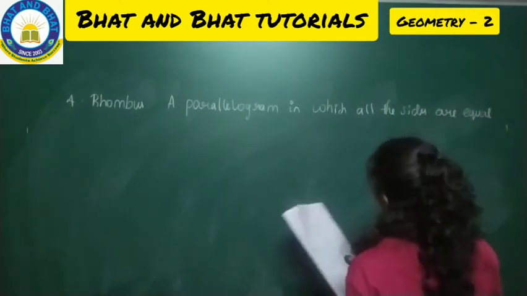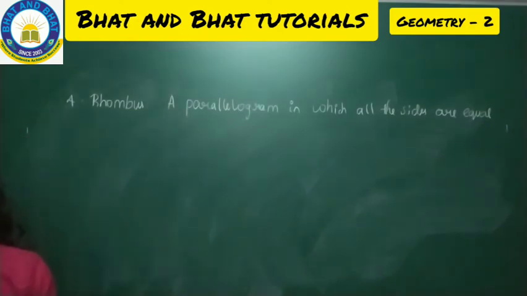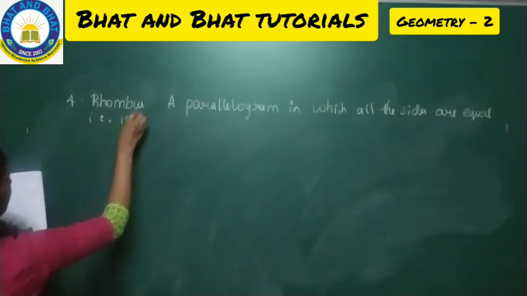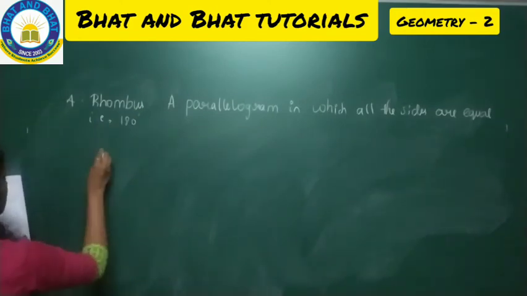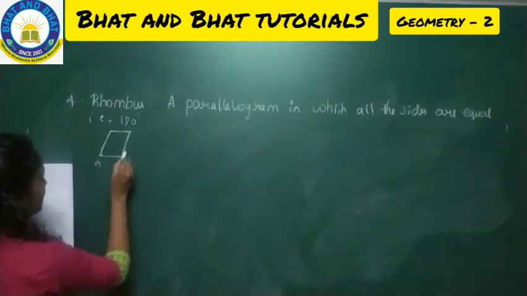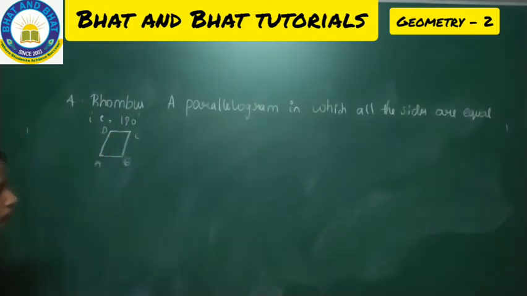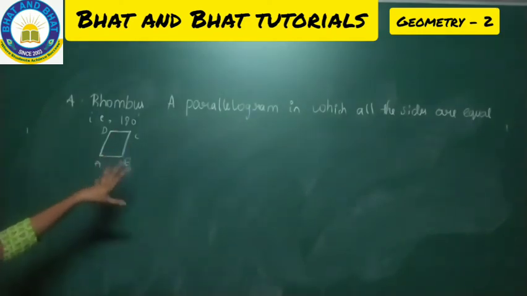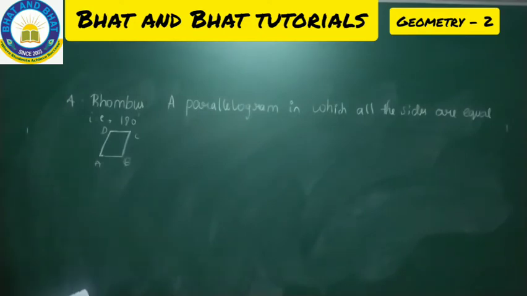So here all the sides will be equal in the rhombus. The total of the angles is 180 degrees when I take the total. So a rhombus can also be written like this. Give the names as A, B, C, D. And here all the sides will be equal. That means the opposite sides are what we concentrate upon.